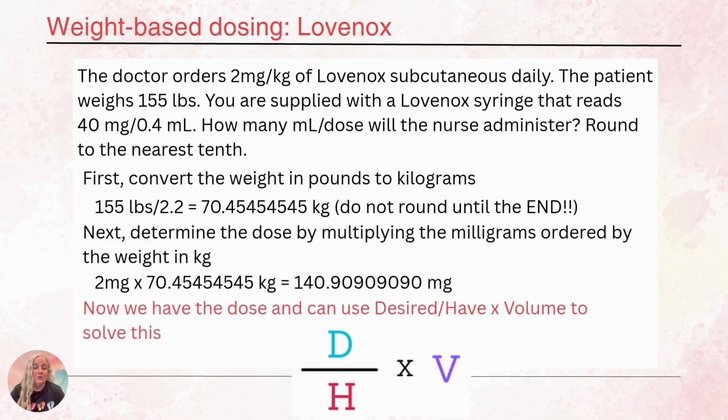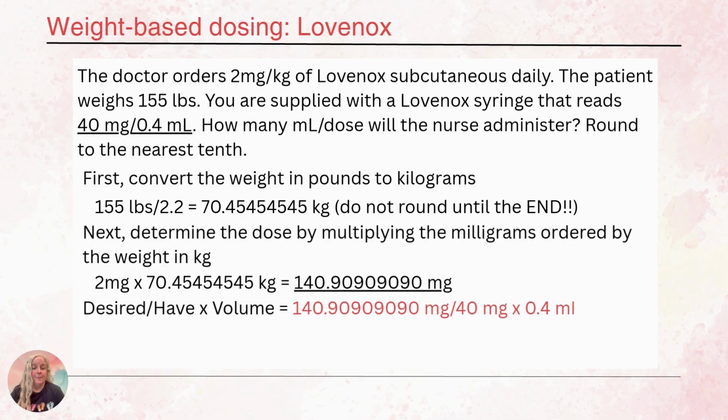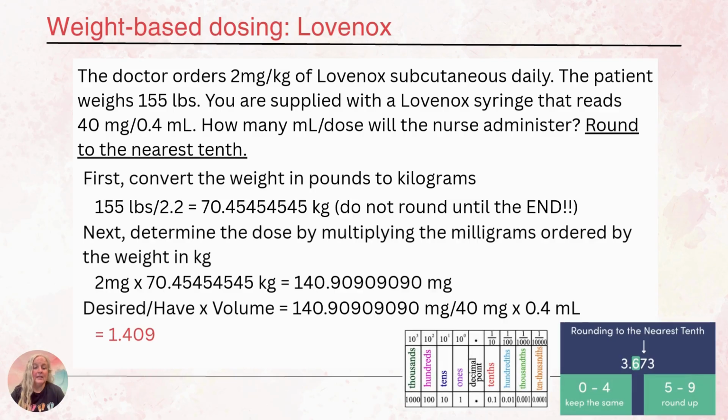Now we have the dose and we can use desired over have times volume to solve. So our desired is 140.90909090 milligrams divided by 40 milligrams times 0.4 milliliters is our volume. And we find that the answer is 1.409.